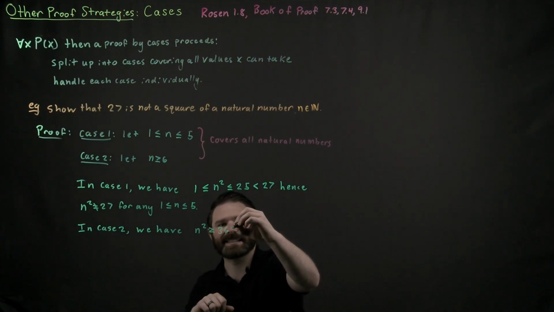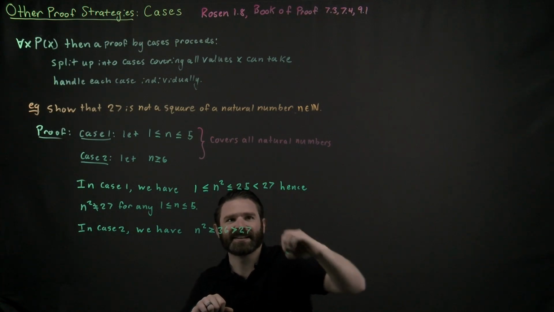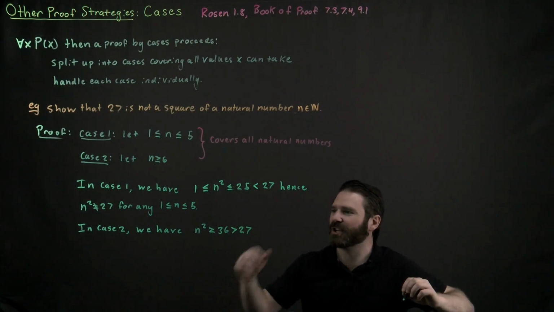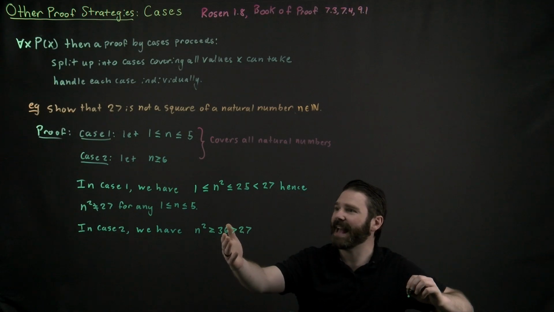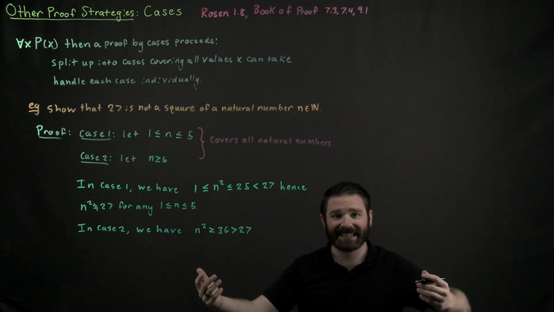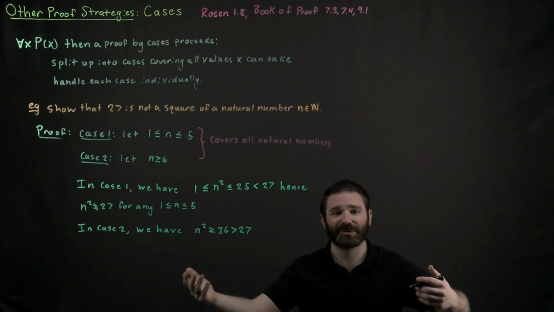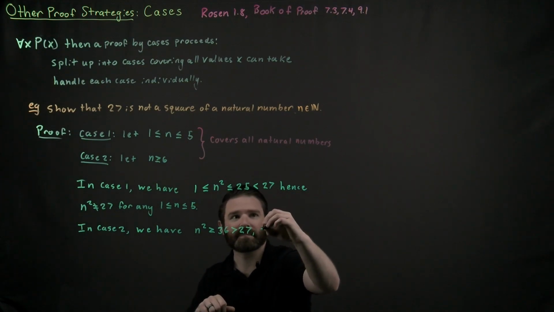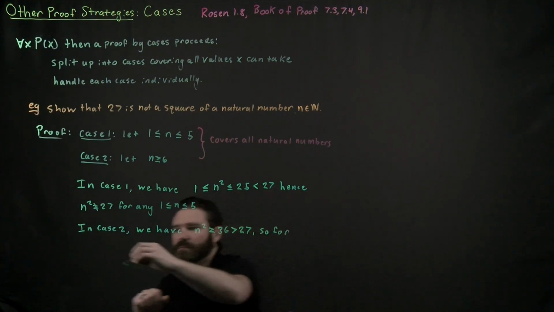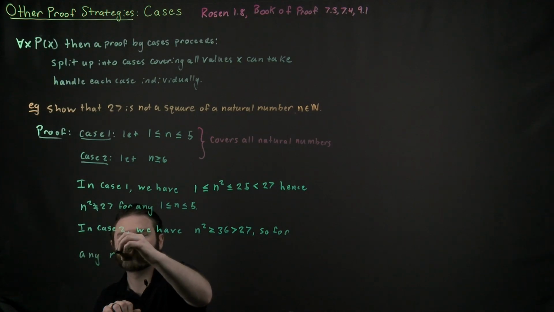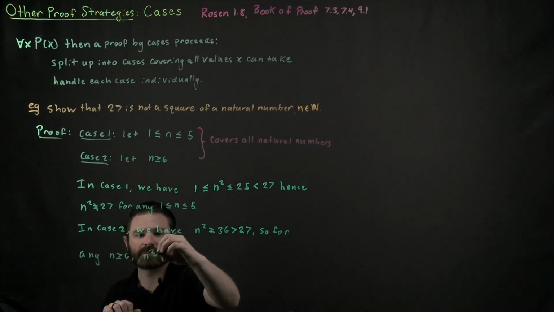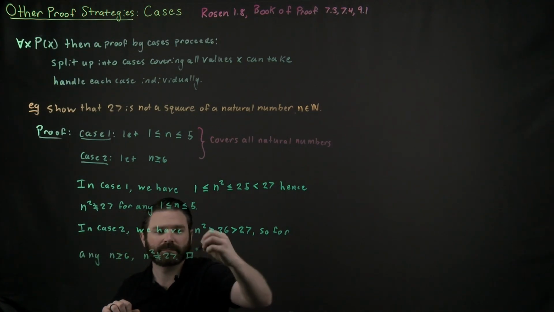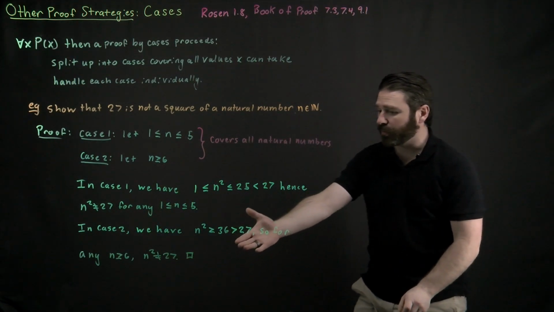And that is strictly greater than 27. So we know that for any n that is greater than or equal to 6, its square cannot equal 27. And this has finished my proof.